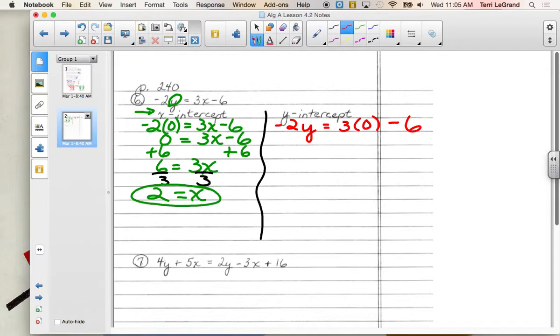Dakota? We're always using 0 for either x or y. We're always using 0 for the one we are not solving for. And I'm going to change that subtraction to add the opposite.